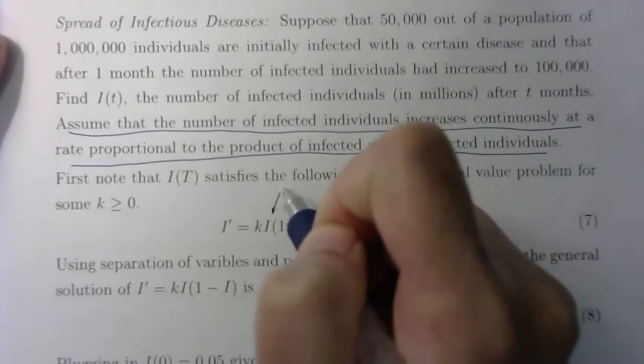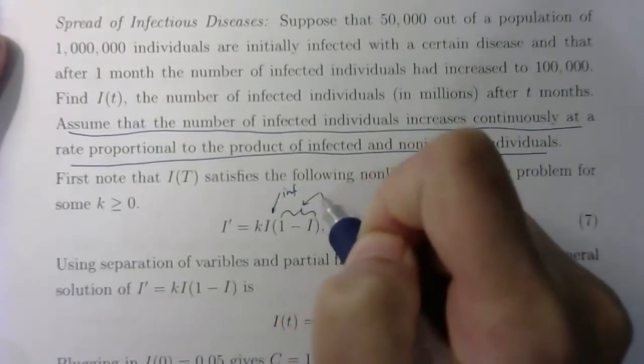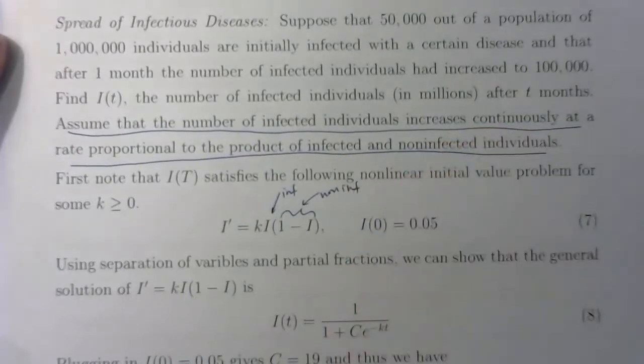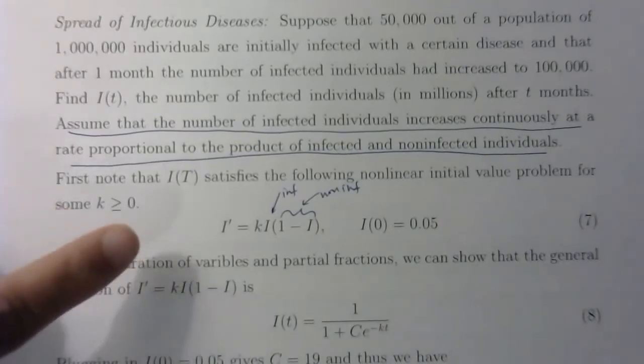So infected is I, and 1 minus I is non-infected. That's clear here from equation 7. And then the proportionality constant is K. So hopefully it's clear that I of t must satisfy this equation here.